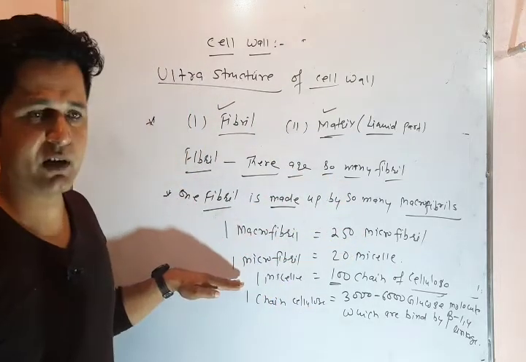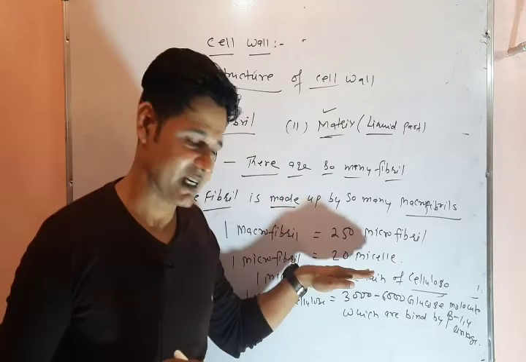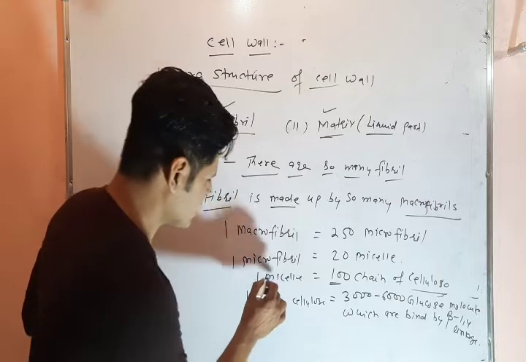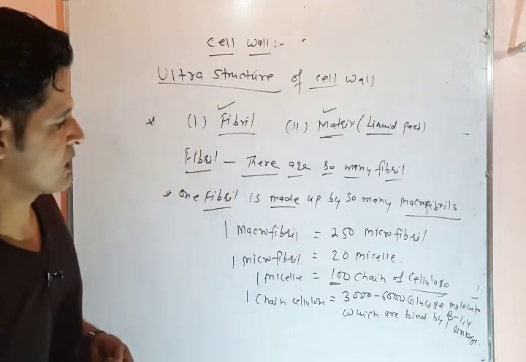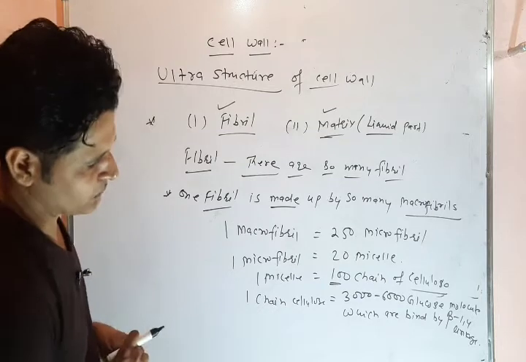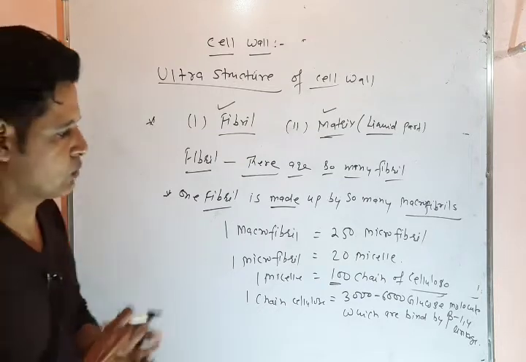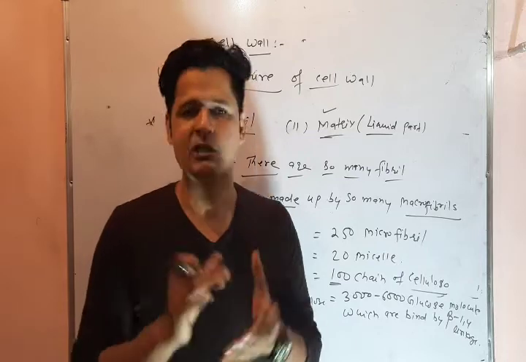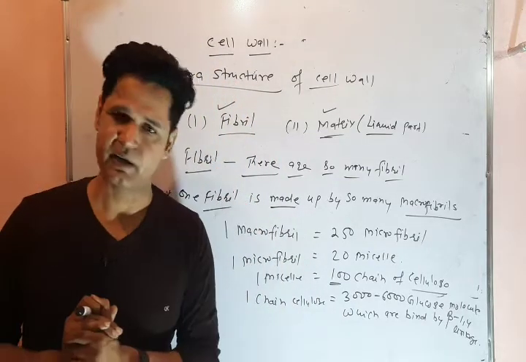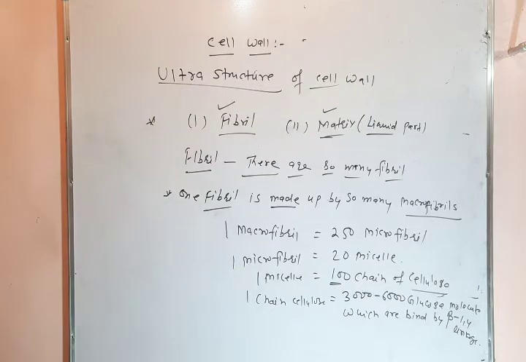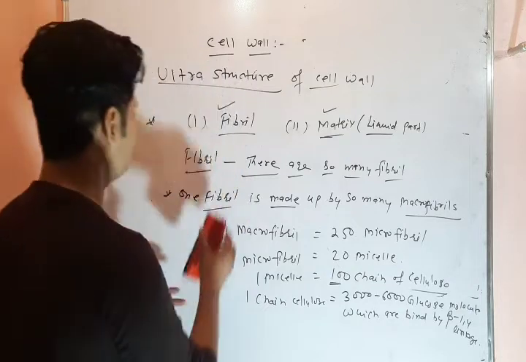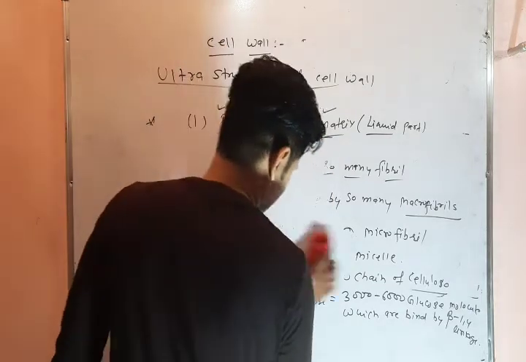One microfibril is made up of 20 micelles, and one micelle is made up of 100 chains of cellulose, and one chain of cellulose is made up of 3000 to 6000 glucose molecules. Two glucose molecules are bound by a linkage known as beta 1,4 linkage. This is all about the ultrastructure of the cell wall. Now we will discuss another thing.